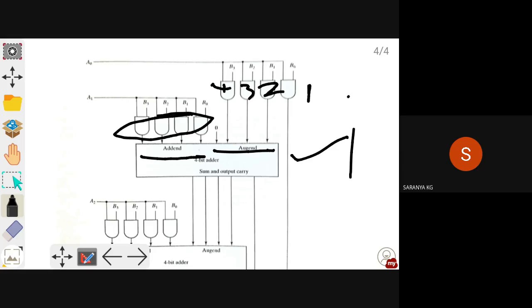So for the 4-bit adder, what will be the input? One 4-bit number and the other 4-bit number will be the input. So what will be the output now? Your output will be a 4-bit sum and then a carry. So you will be getting 5 outputs from the 4-bit adder.